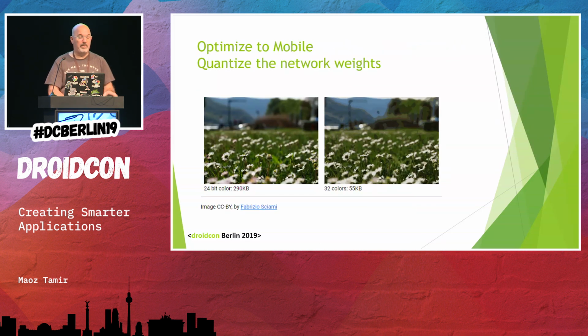Remember I told you that we need to convert the model to something that we can use on the actual Android device. TF Lite does it pretty well. You take the actual model, which is a PB file that is created at the end of your training process, and you change the numbers from 32-bit to 8-bit, and you don't lose a lot of accuracy in that process.